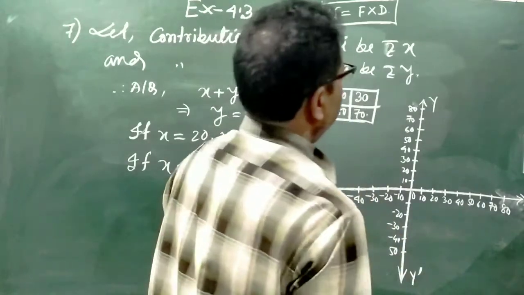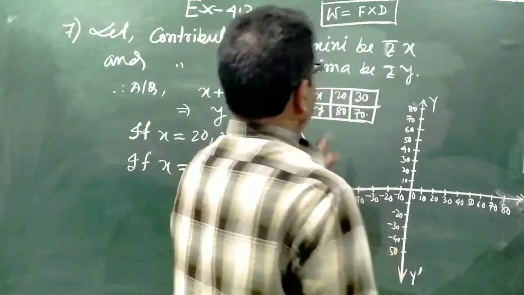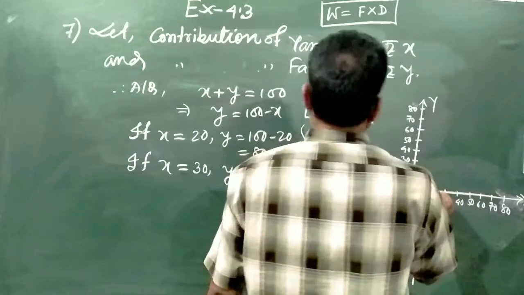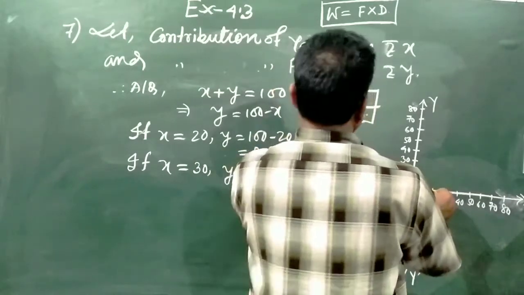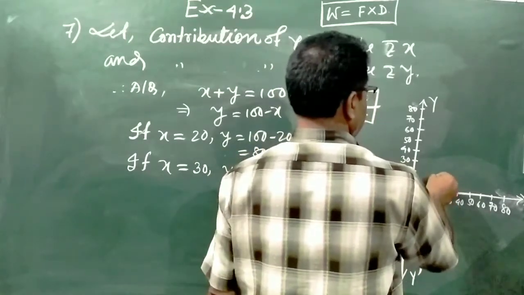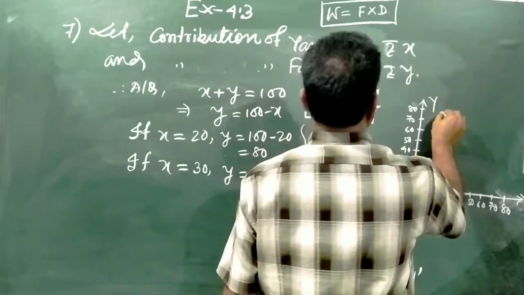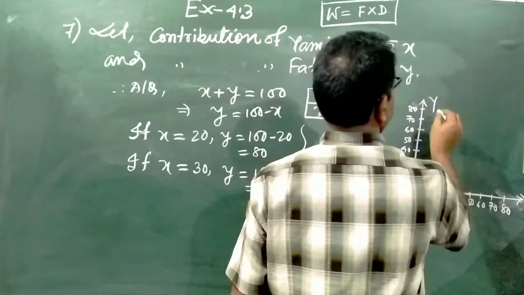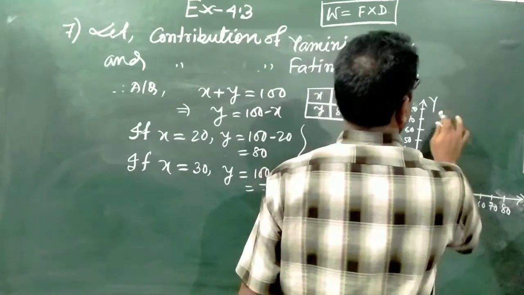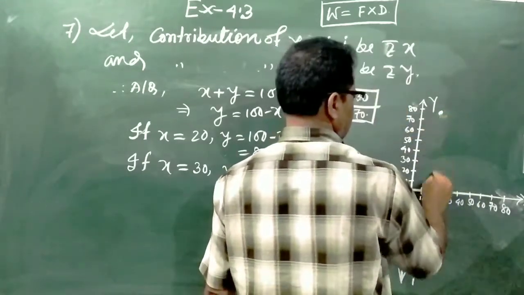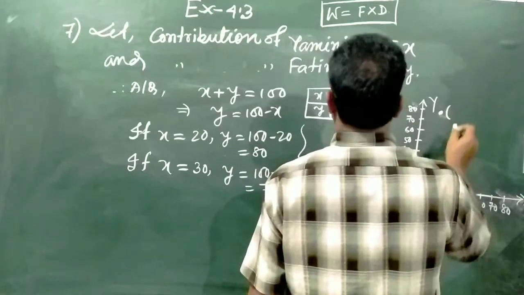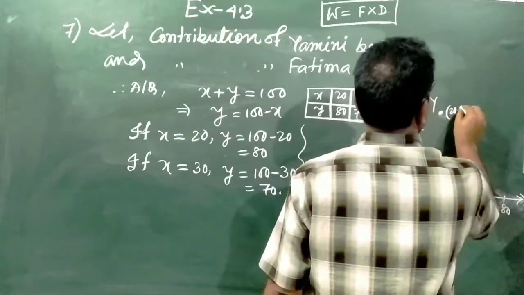Now we'll start plotting. So when x is 20 and y is 80, y positive upside, then 10, 20, 30, 40, 50, 60, 70, 80. So x 20 for that, y 80. Here it is 80 and 20. This is 20 and 80.